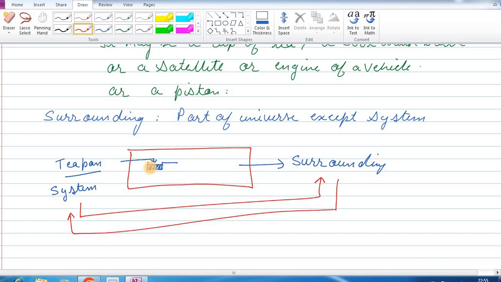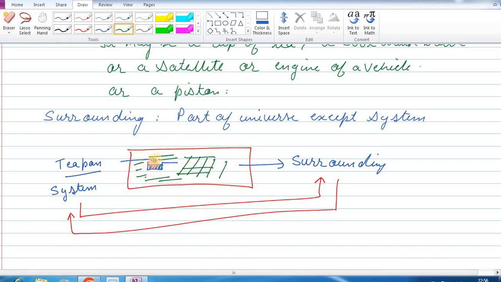Similarly, if the pressure is very high, the boiling point of the water will be high, and if the pressure is too low, the boiling point will also be low. So the surrounding affects the properties of the system.